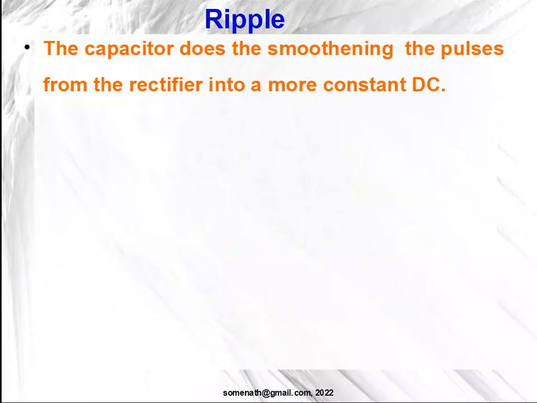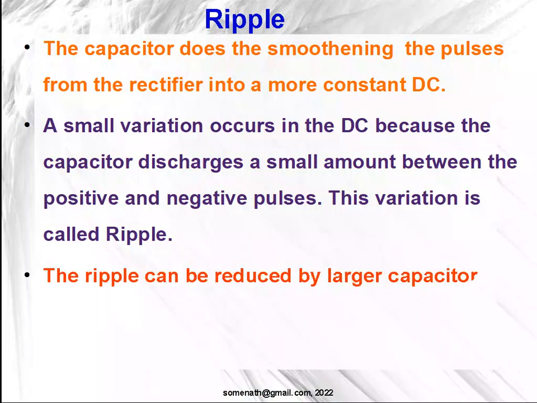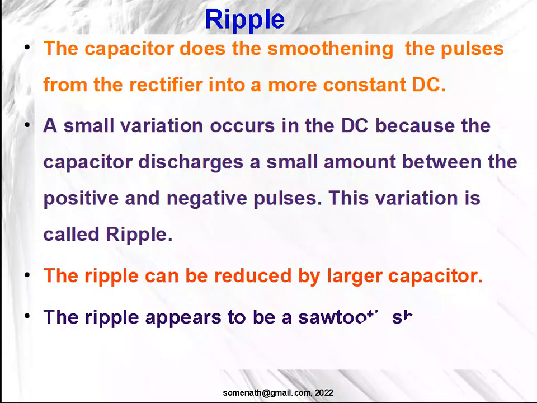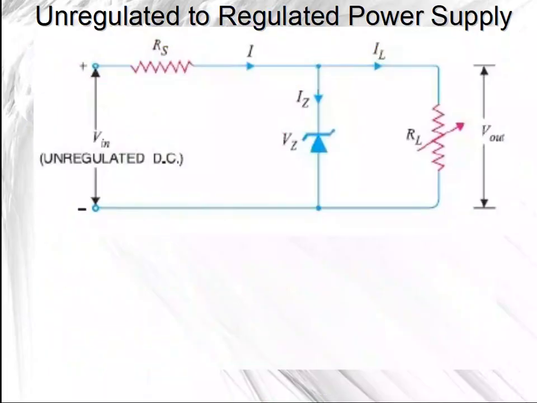So the function which I just discussed is written here; the same things I told you in the narrative are given. Ultimately the ripple appears as a sawtooth-shaped AC variation riding on the DC output, right? Now after that we need some regulation, because this is not regulated.